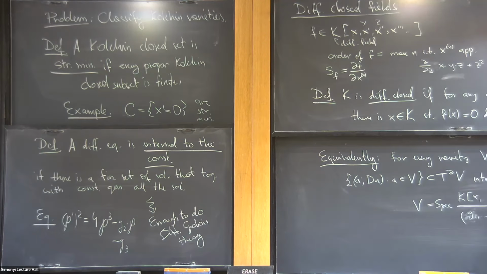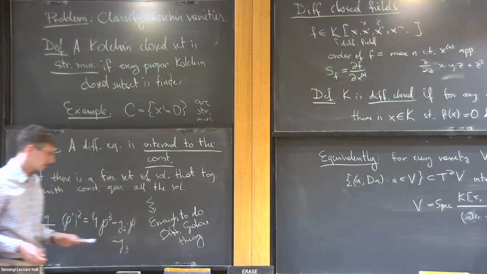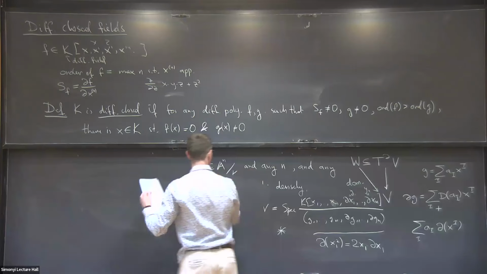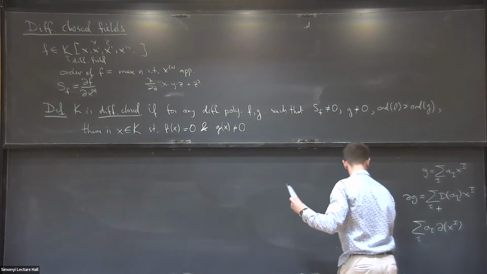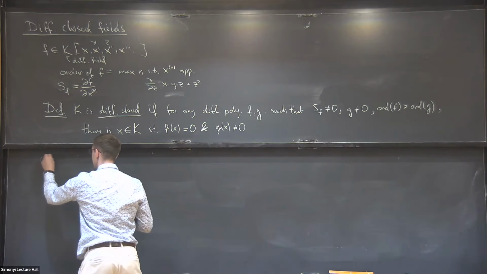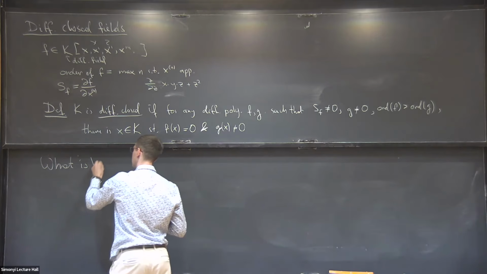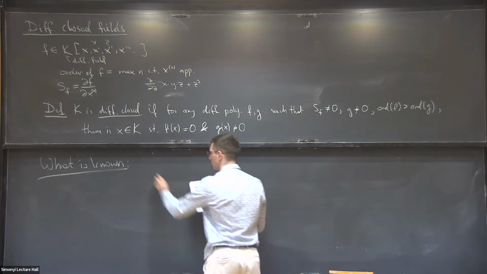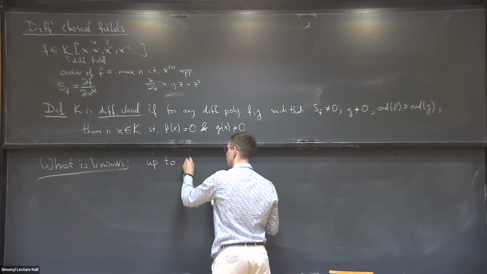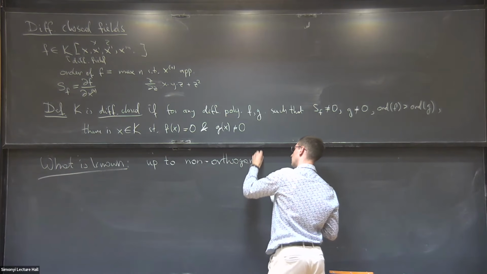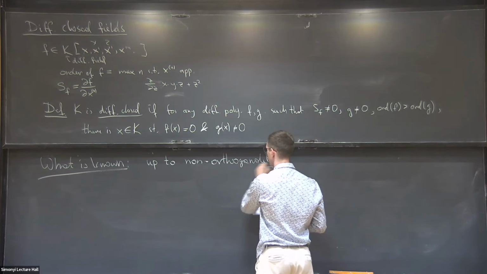So maybe let me say during the last 2 minutes something about this program of classification of minimal sets. What is known about this classification? There is a very crude classification up to a relation called non-orthogonality.